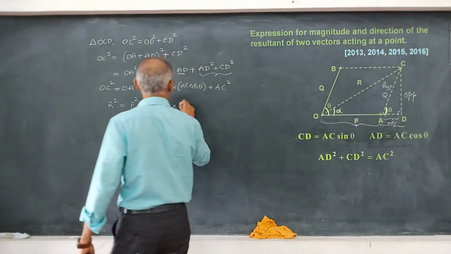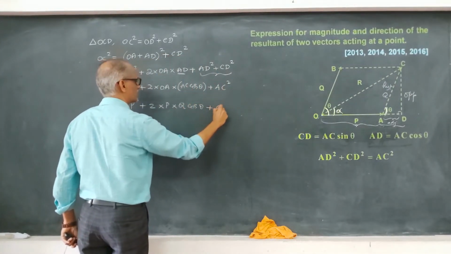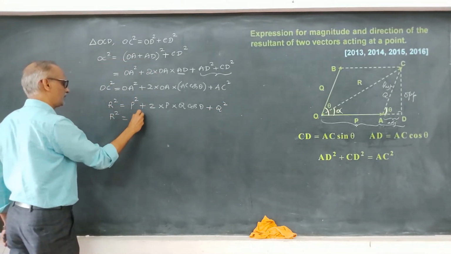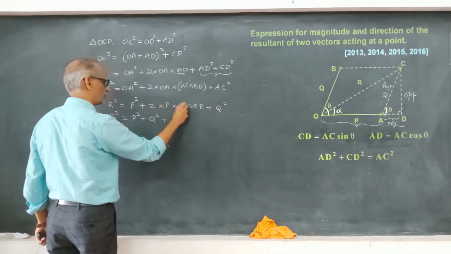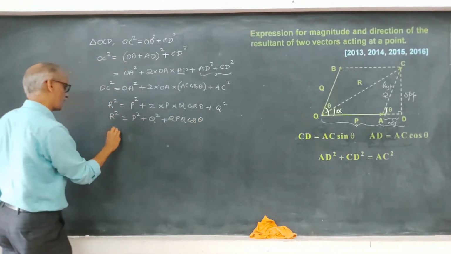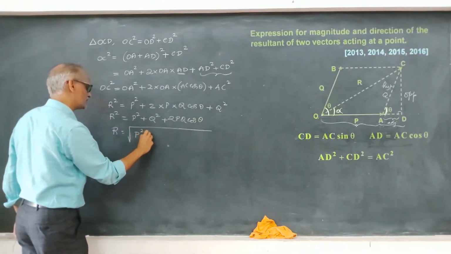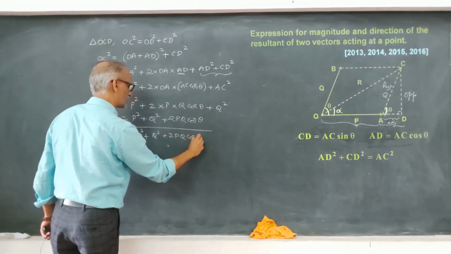Into Q, this is cos theta, plus AC is nothing but Q square, okay. So one more step, R square is equal to P square plus Q square plus 2PQ cos theta, or we write R is equal to root of P square plus Q square plus 2PQ cos theta.